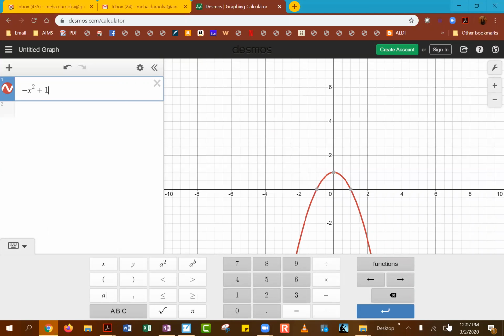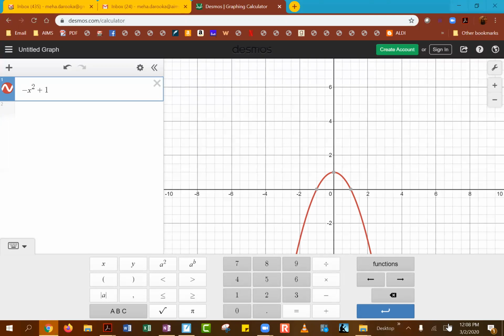Okay, so that's what this looks like because you reflected first and then moved it, right? If I remove that plus 1, that's just my reflection, right? So instead of opening up, your parabola is opening down. But when I do plus 1, it's going to take the same graph and just move it 1 unit upwards.